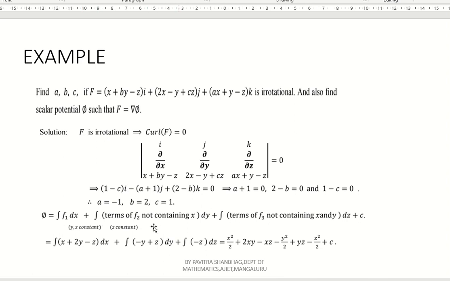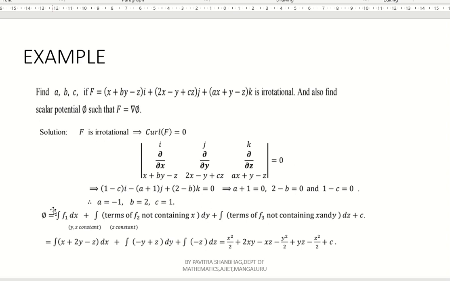Similarly, for the next, integrate with respect to y and add the constant in terms of a function of x and z. And last one, integrate with respect to z and add a function of x and y.